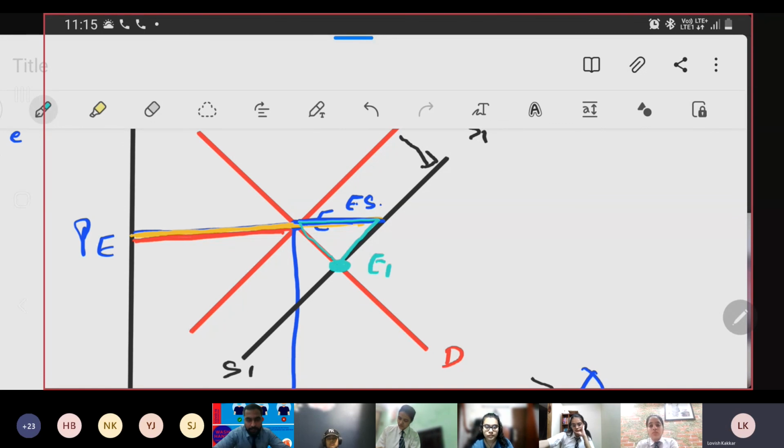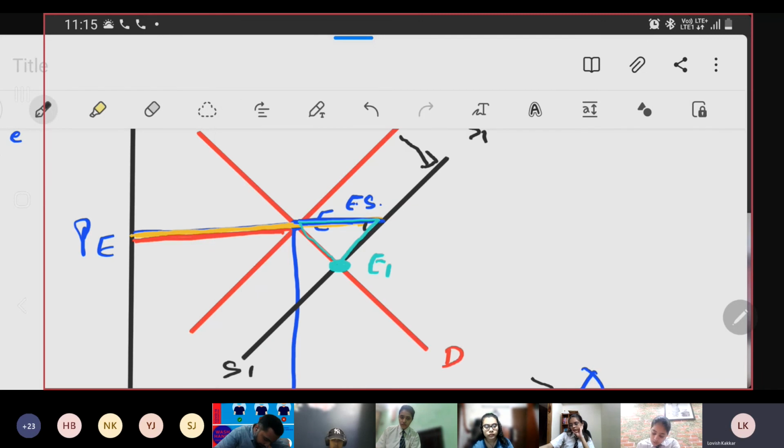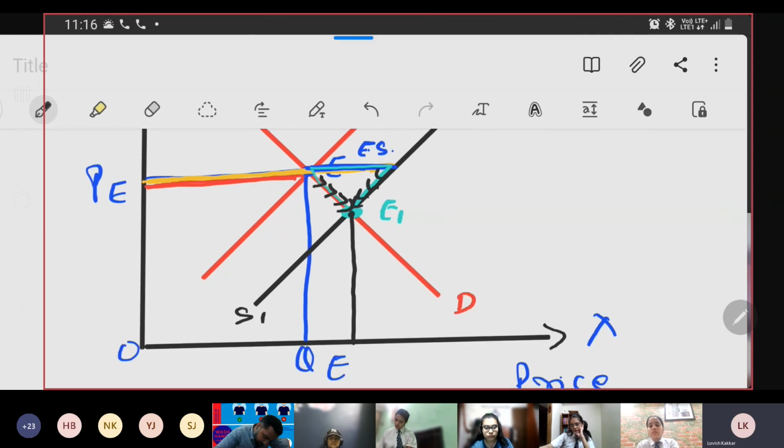This is the new equilibrium at the intersection of the new supply curve and the old demand curve. Now, in order to reach here, clearly suppliers need to go down, which means contraction of supply. Consumers need to go down, which is expansion of demand. Till you reach this point, this is new equilibrium quantity and this is new equilibrium price.